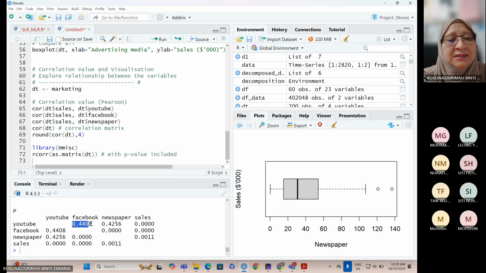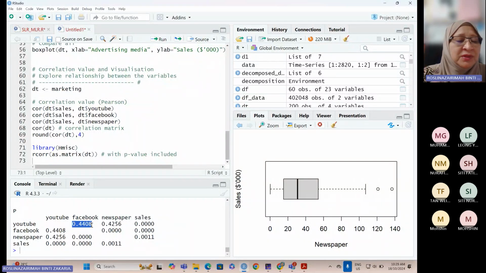Something is significant if the p-value, from the hypothesis testing, is less than alpha. If it is greater than 0.05, the rule of thumb for our alpha, that means it is not significant. That means the relationship between YouTube and Facebook is not significant. Can you understand?